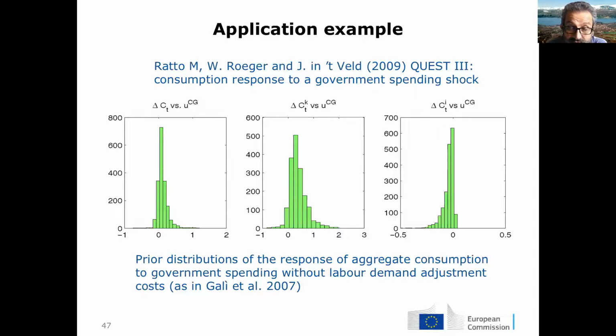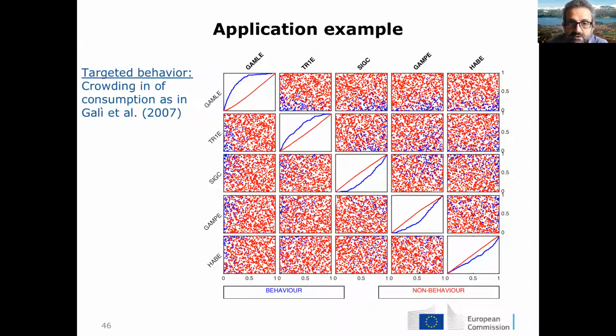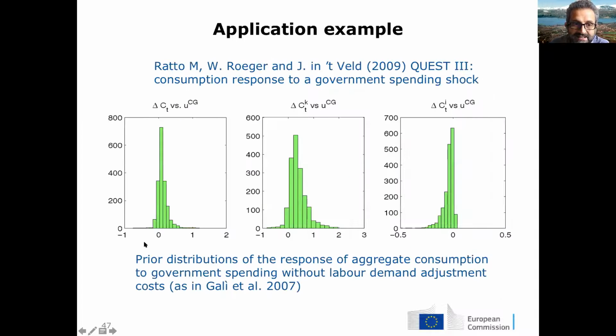This shows very nicely how sometimes even the prior itself drives the output. If we would estimate the model with this rigidity, gamma L, equal to 0, and then not look at the prior but just look at the posterior, we would see that the posterior provides crowding in of consumption, and we would conclude that our estimation has estimated crowding in with a given amount of rule of thumb consumers.